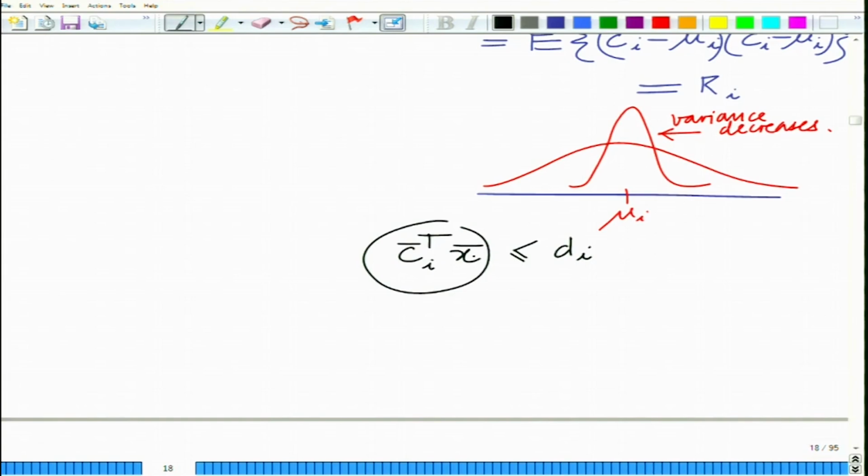Therefore c bar i transpose x bar is also random, because c bar i is a random vector. And in fact, you will realize something interesting: this is also Gaussian.